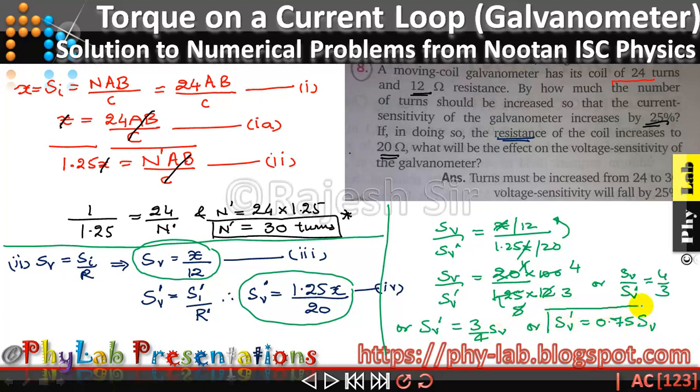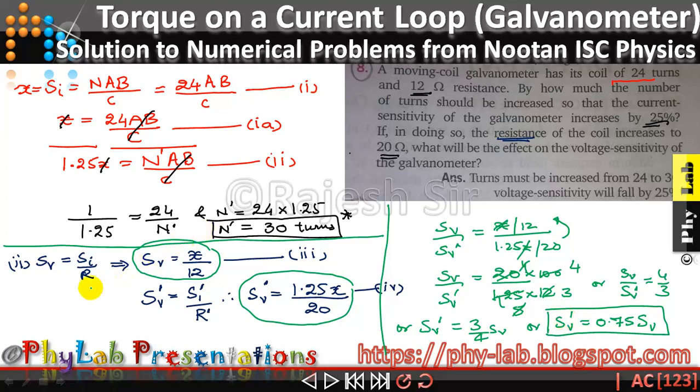Now what does it mean? That the new voltage sensitivity is 25% smaller, 0.75, the new one has been formed, right? So the new voltage sensitivity is 25% smaller than the earlier voltage sensitivity.